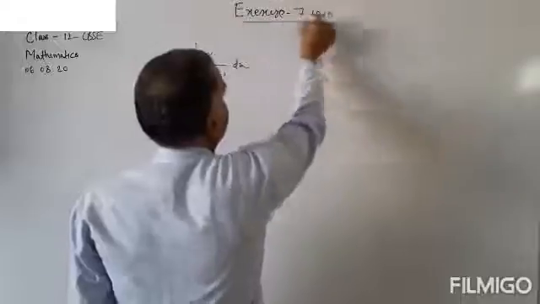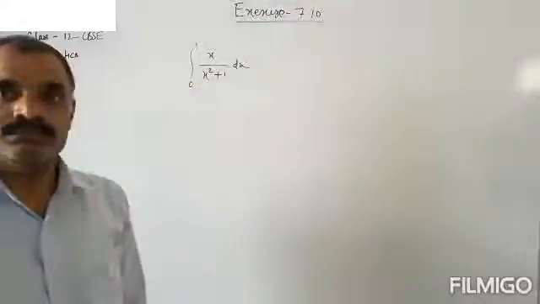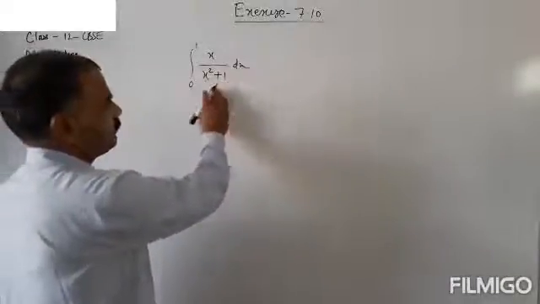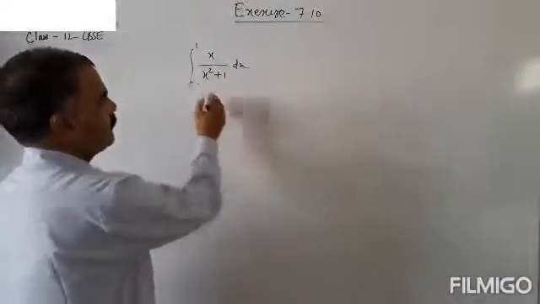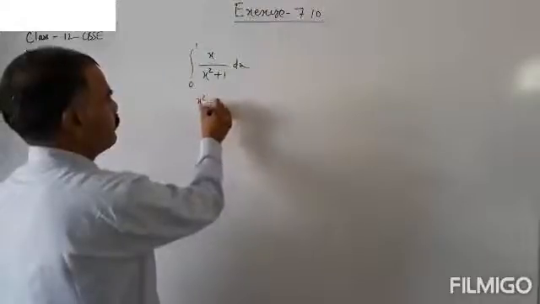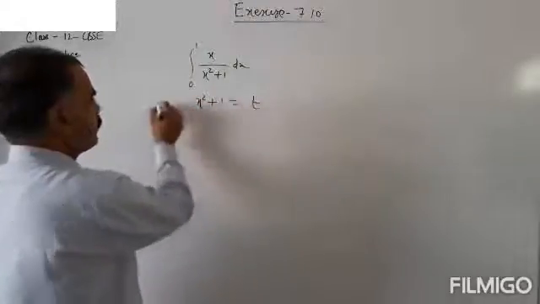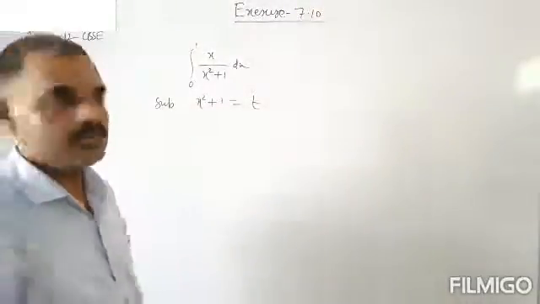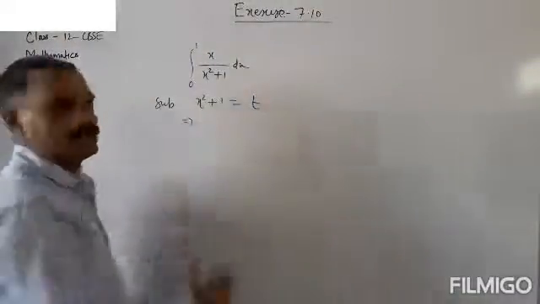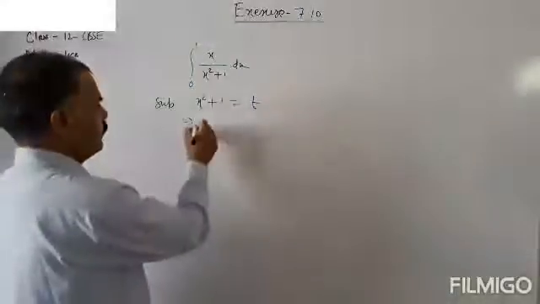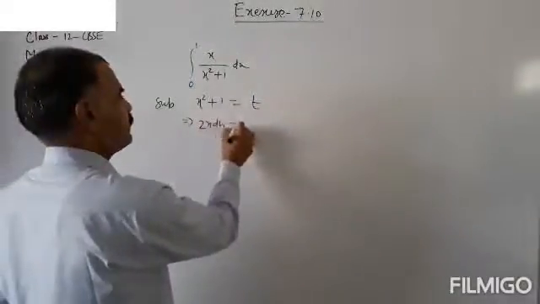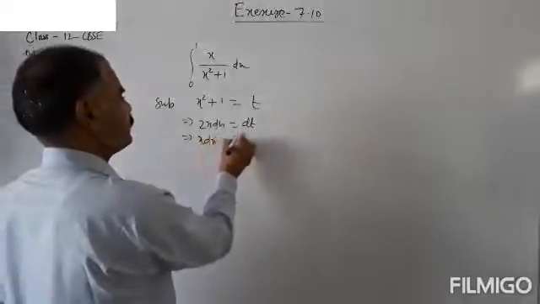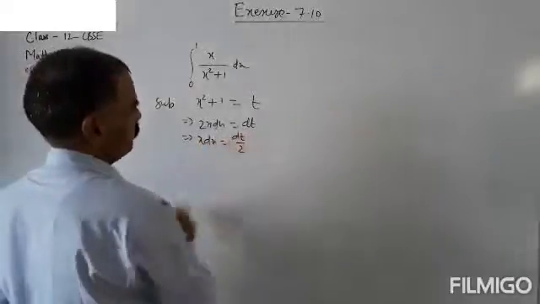You can see that x square plus 1 is the function, and we substitute x square plus 1 equals t, so that 2x dx is equal to dt, meaning x dx is equal to dt upon 2.